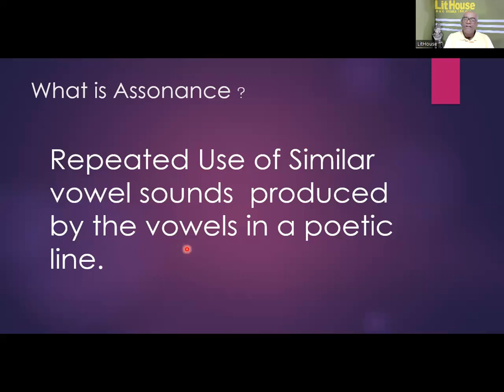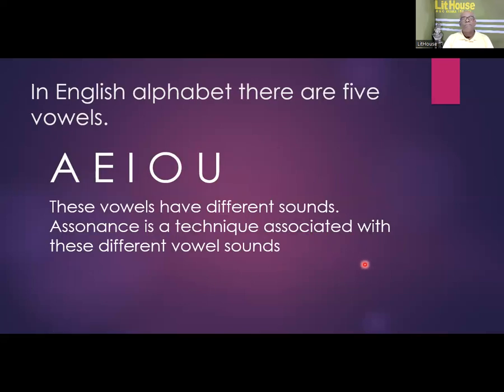In studying the sound devices of English poetry, we must be able to identify distinctive sounds produced by these consonants as well as vowels. In the English alphabet, there are 5 vowels. What are they? A, E, I, O, U.